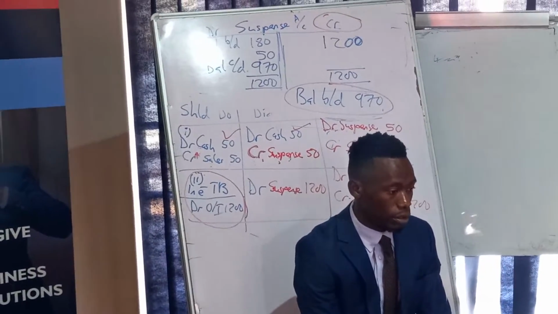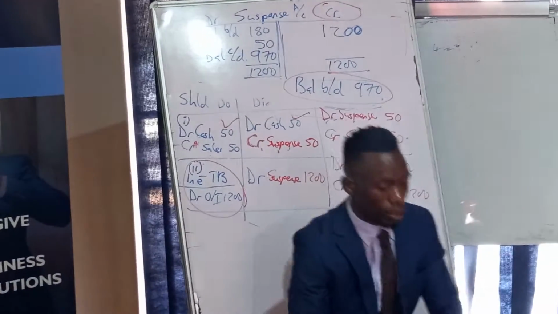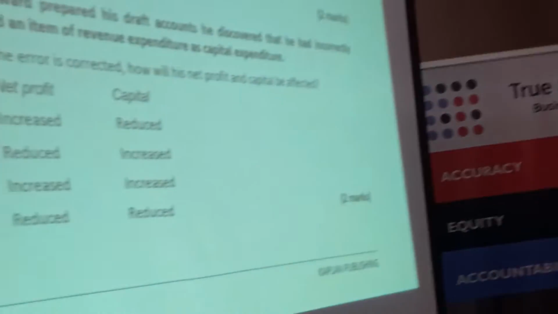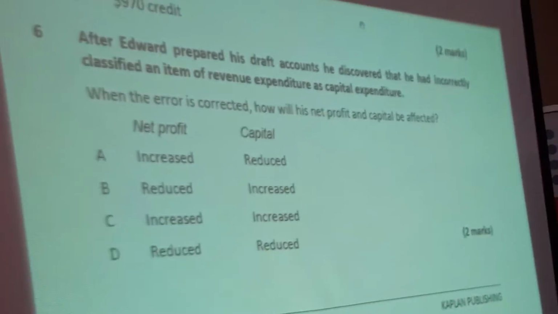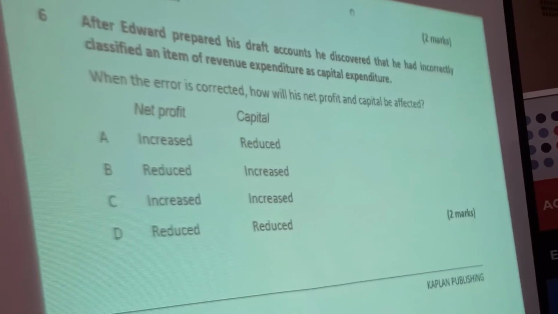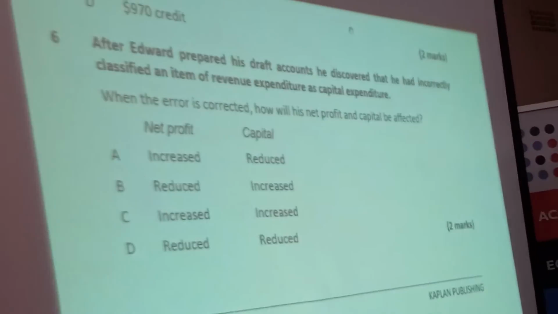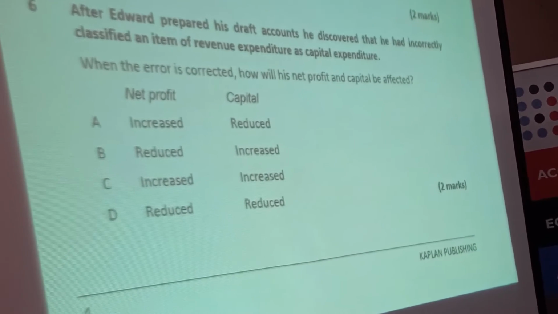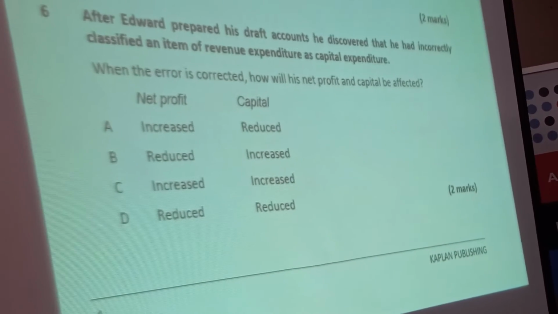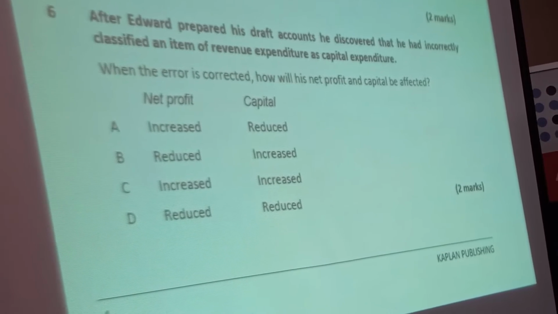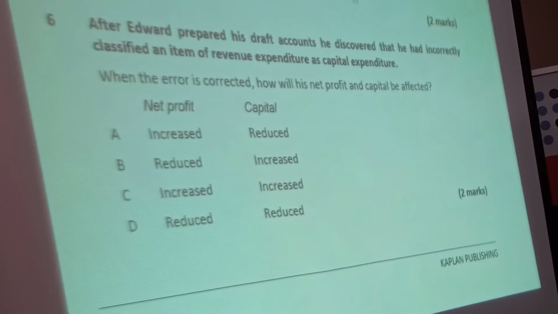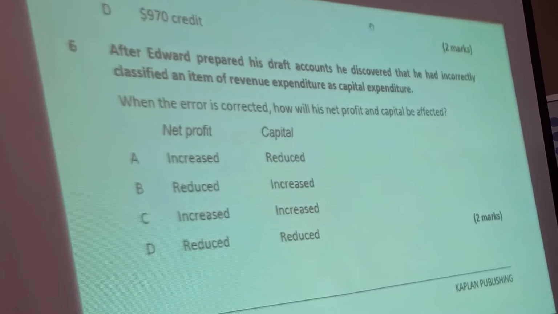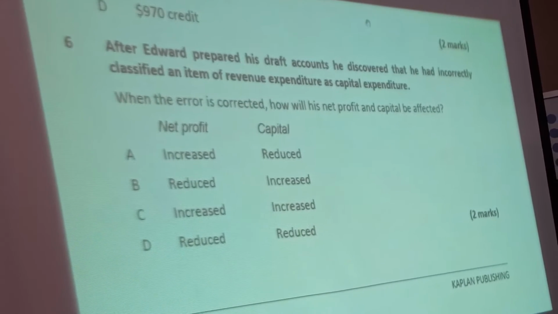Alright, it's okay, I understand now. Alright. Okay, thank you. Moving on to the next question, number 6. Now this one, these are errors as well, but this one is easy. It's not that difficult. So we are saying after Edward prepared his draft accounts, he discovered that he had incorrectly classified an item of revenue expenditure as capital expenditure.